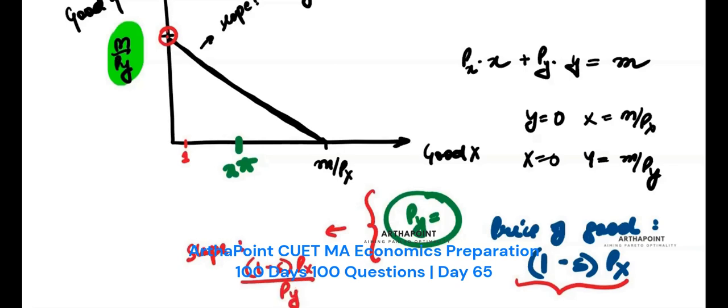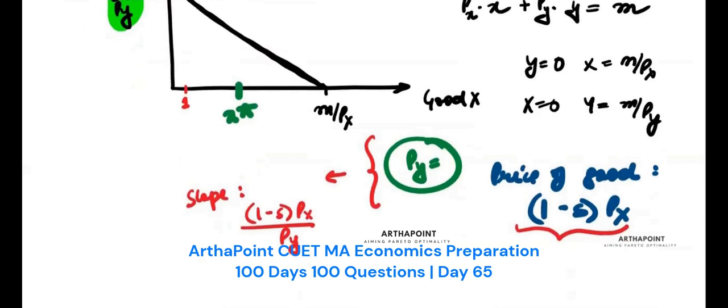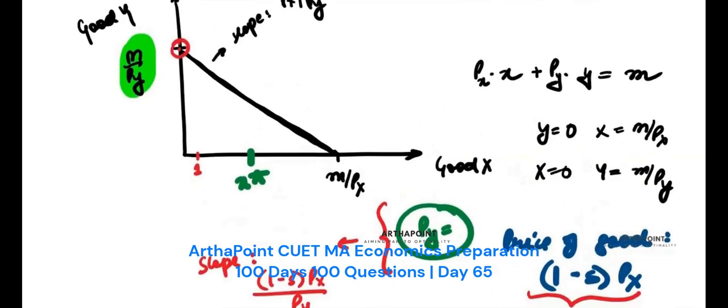So if I give you any value, supposedly the subsidy is 10%, you will get (1 minus 0.1) into PX by PY. So this will be 0.9 PX by PY instead of PX by PY. So the slope is lower, right? If I check this, what is going to happen?